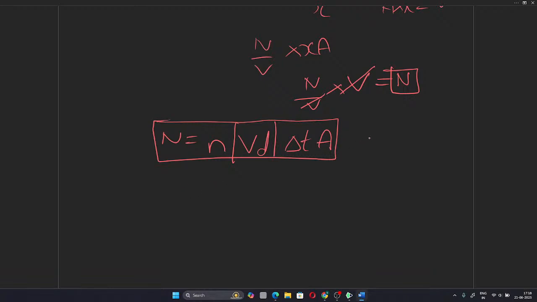If these are the electrons, what is the charge of an electron? We can write it as minus e.